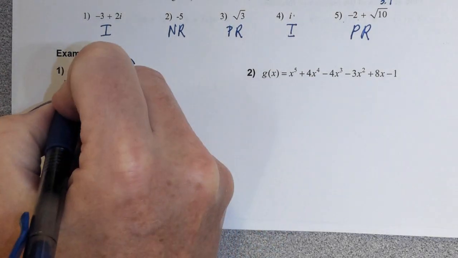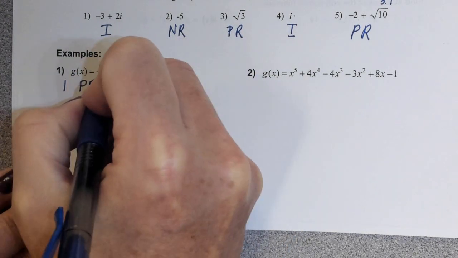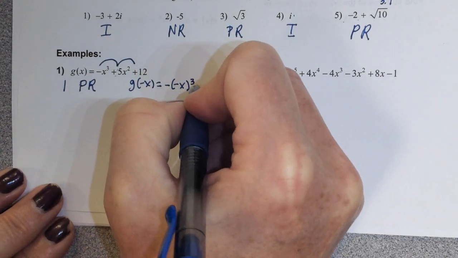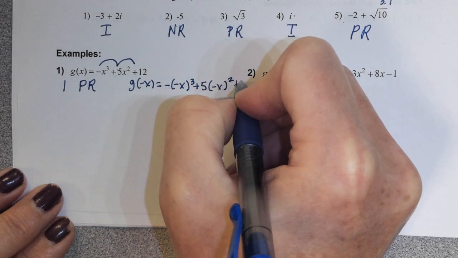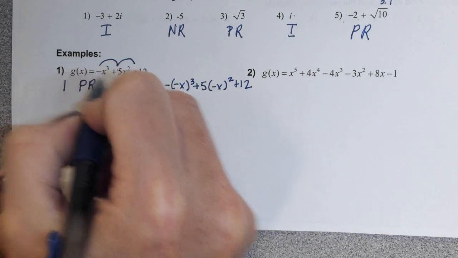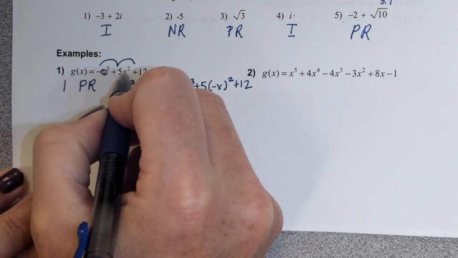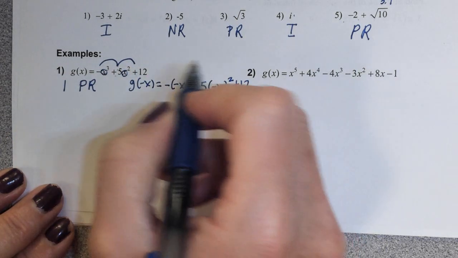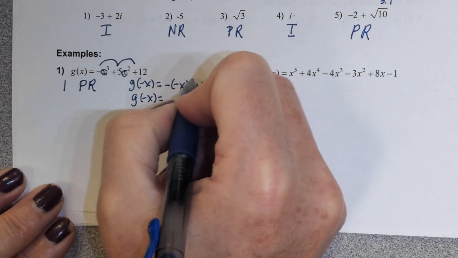Now, let's see what is g of negative x. That means wherever I have an x, I'm going to plug in a negative x. You see what I'm doing here? Here's an x. I keep that negative, but I had to plug in a negative x for this x. I have this x. I keep the positive 5, but I had to plug in a negative x. So for g of negative x, I always do exponents first.